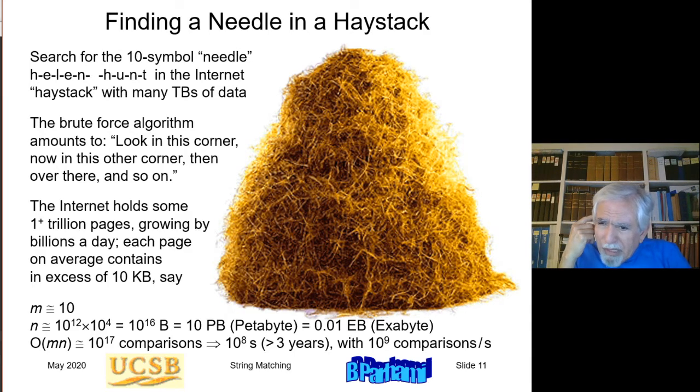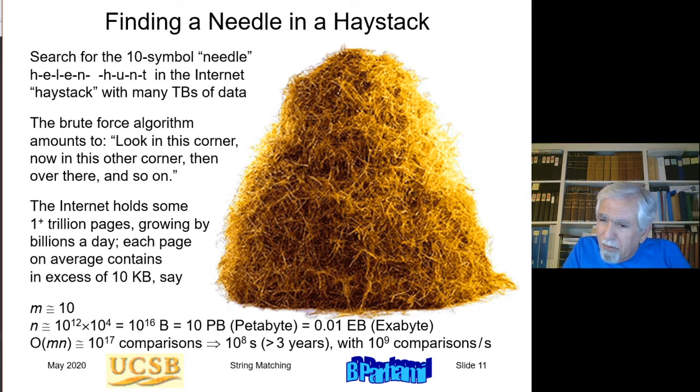Or 10 petabytes, or 0.01 exabytes. And m times n will be 10 to the 17. So that brute force approach would require 10 to the 17 comparisons.